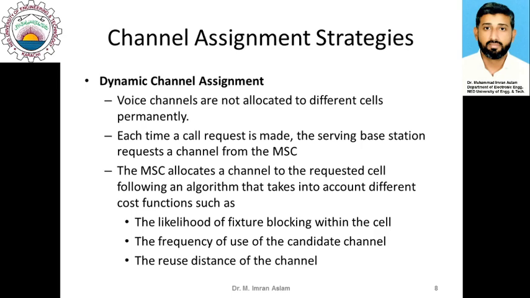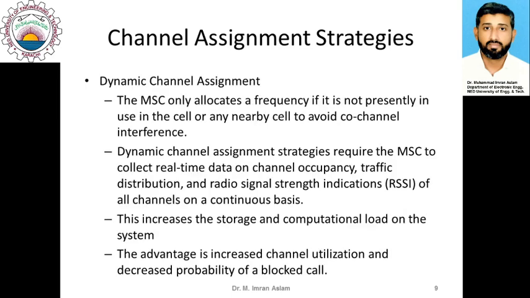So these are some of the cost functions that affect the algorithm, and eventually on the basis of this cost function the algorithm is run at the MSC, and MSC makes a decision to allocate a new channel to the requesting base station.